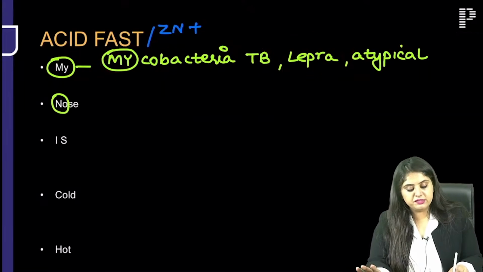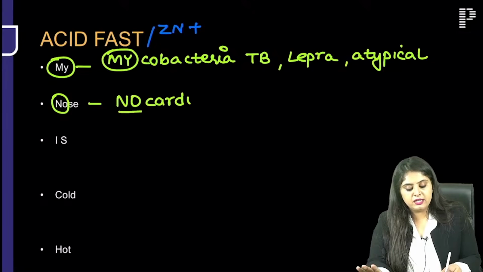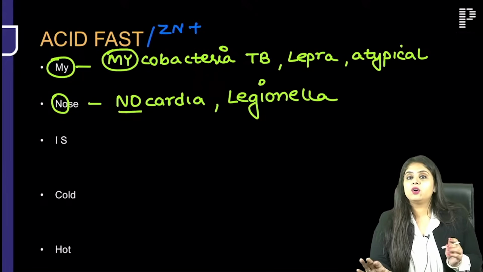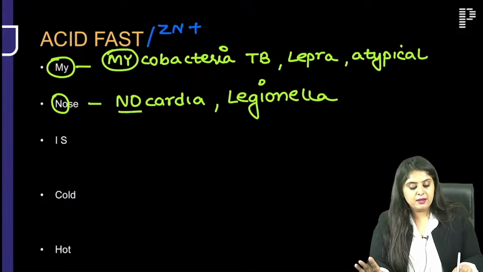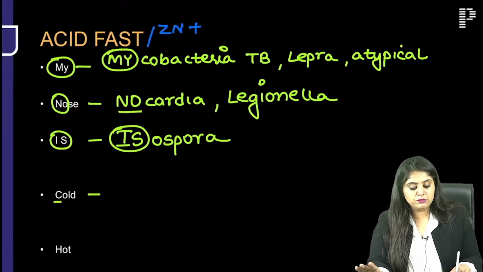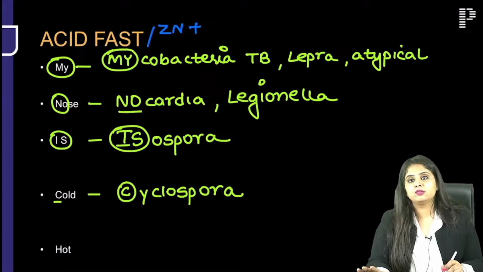My nose, the next bacteria is going to be Nocardia, and along with Nocardia, his cousin brother whom we always study together is Legionella. Nocardia and Legionella. My nose is for Isospora. My nose is cold, so Isospora's cousin brother Cyclospora. Spora brothers come together, Isospora and Cyclospora.